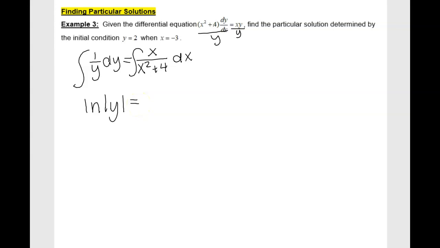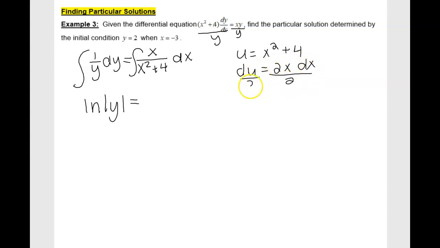The antiderivative of that x squared plus 4 with an x on top is going to be what type of problem? It's a u-substitution. Because down here, I have x squared plus 4. Up top, I get 2x dx.